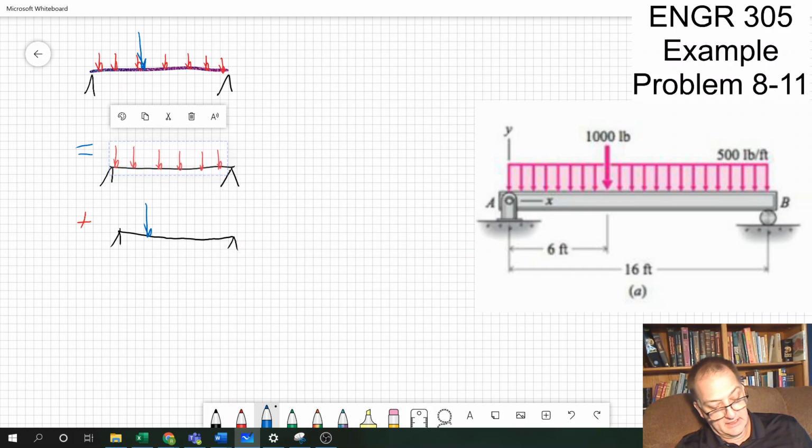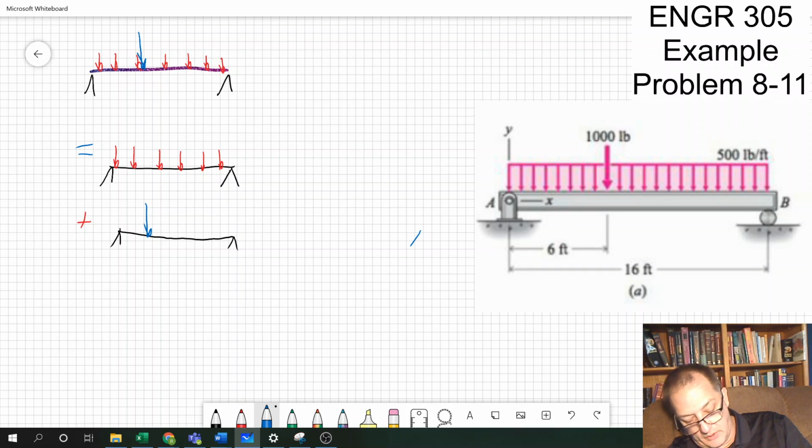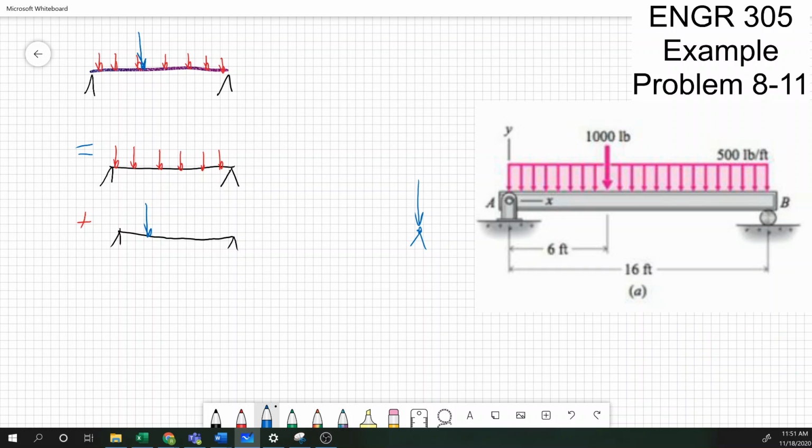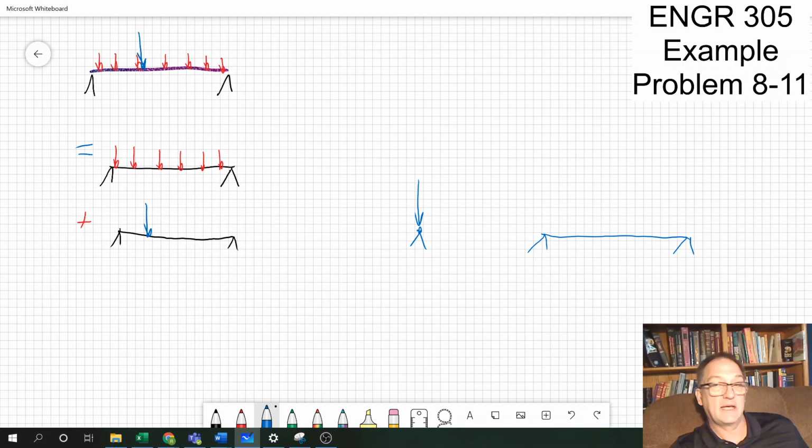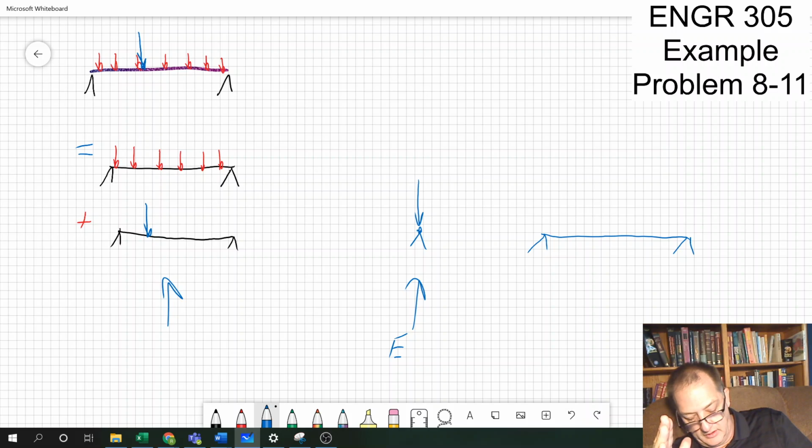And now the way they're defining it, in one sense this is pretty easy, because if I drew the beam this way and it runs into the page and my load was here, then if I looked at it from this back side, oh, I got to get rid of that image. Not that image. I'll get rid of that one too. Oh, my goodness. So if we took this view and we rotate it to the end, then here's our end view.